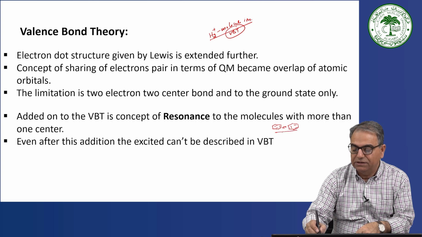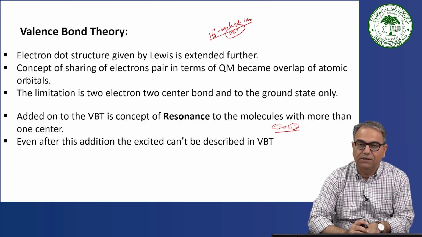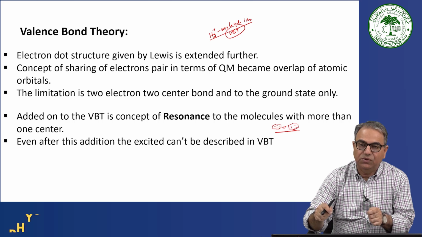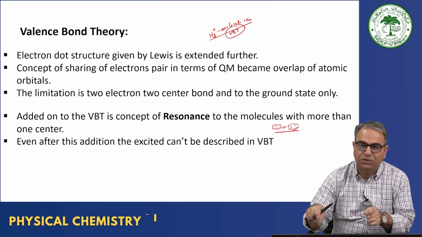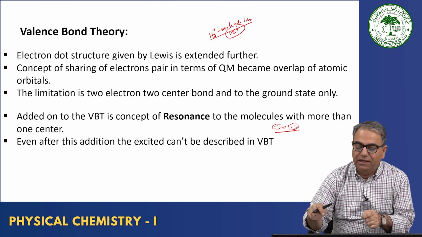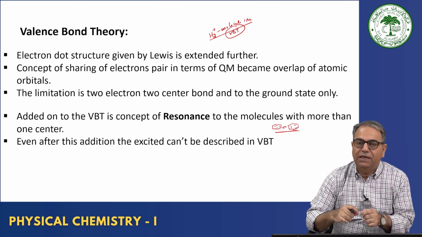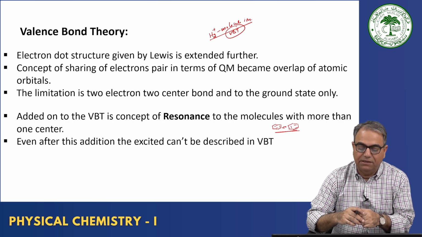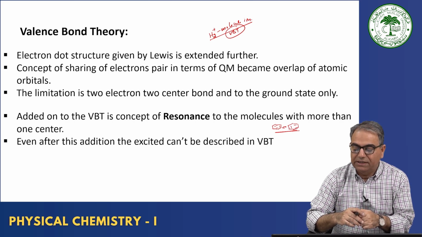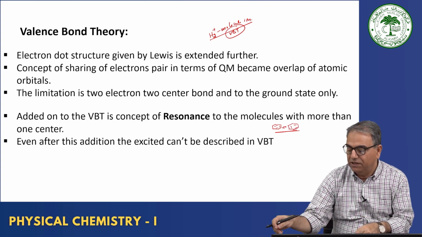Here the two electrons do not remain fixed to two centers; the center keeps on changing. Even if we add this, one of the strongest limitations of valence bond theory is that any excited state can't be described. So this is the limitation of valence bond theory.